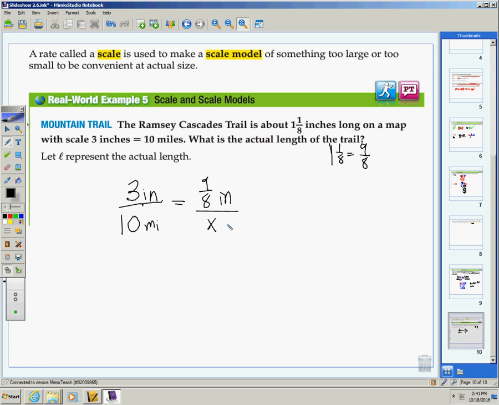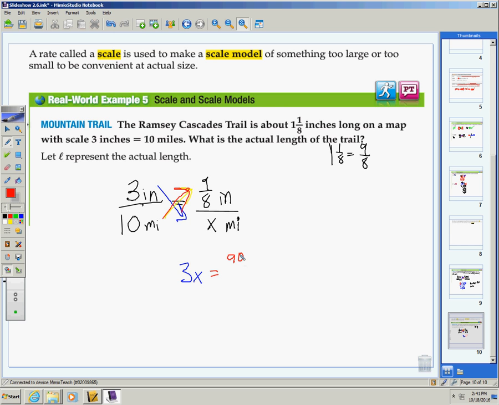Okay. Then to solve this proportion, we're just going to cross multiply and set equal. 3 times x gives me 3x. Cross multiply the other way, and I'll use a better color. 10 times 9 over 8 is going to give me 90 over 8.